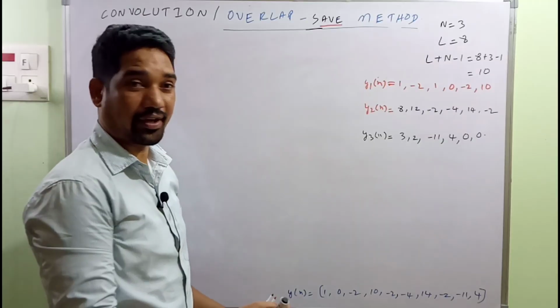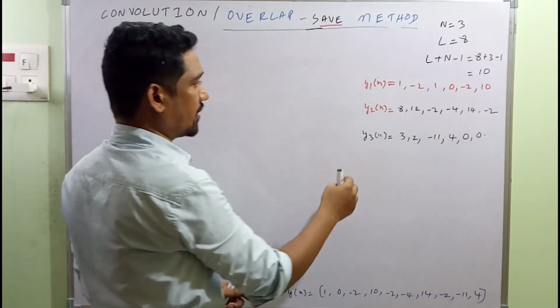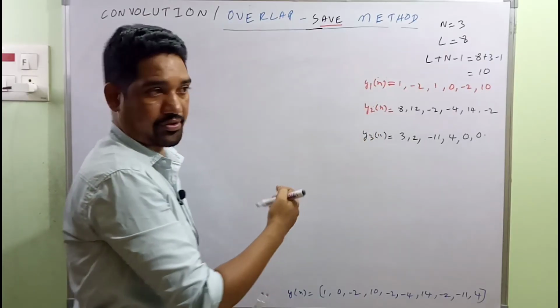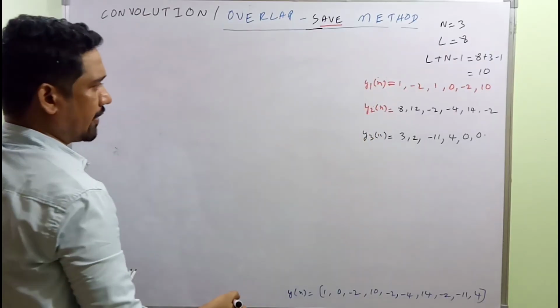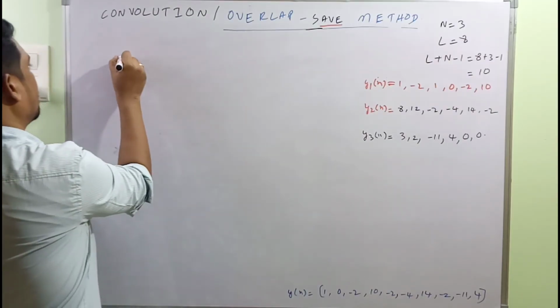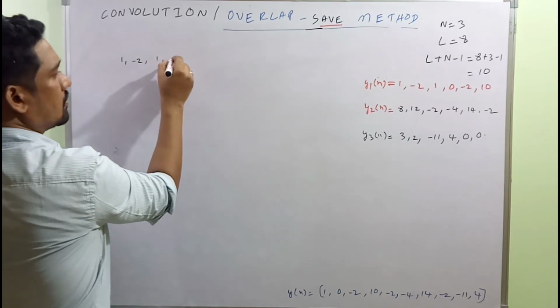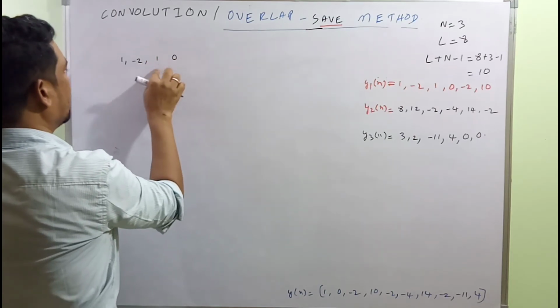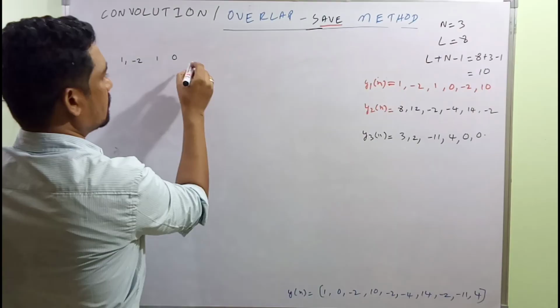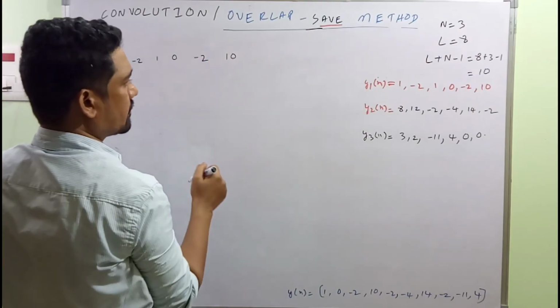Now pause me and evaluate for y2 of n, y3 of n. I've already done it to save the time. The same procedure, matrix method. So how to evaluate the final y of n? Rewriting those sequences once again. It's 1, -2, 1, 0, 0, -2 and 10.